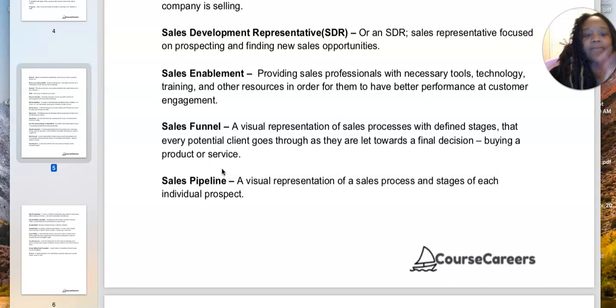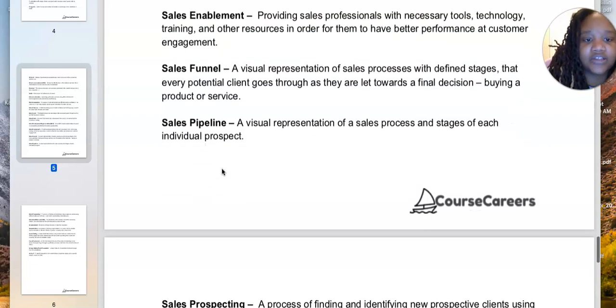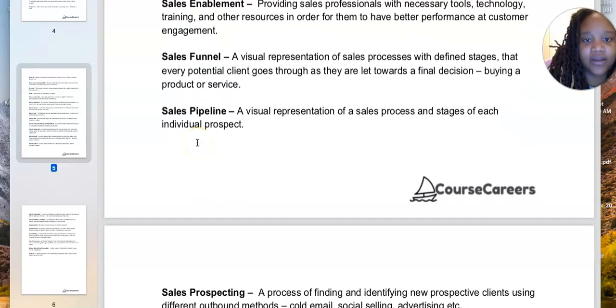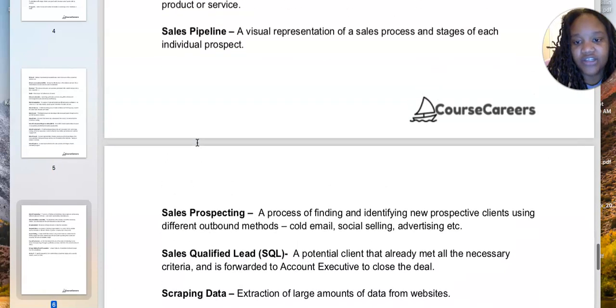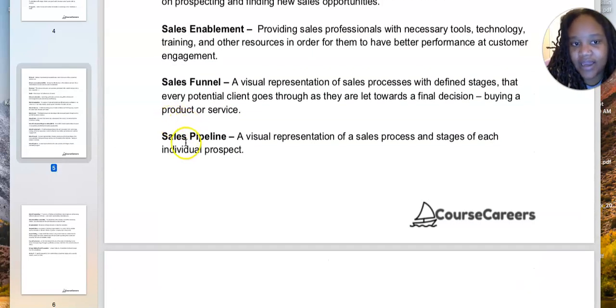Okay. Next, we have the sales pipeline. It is a visual representation of a sales process and stage for each individual prospect. So essentially, the pipeline is pretty much the sales funnel, right?